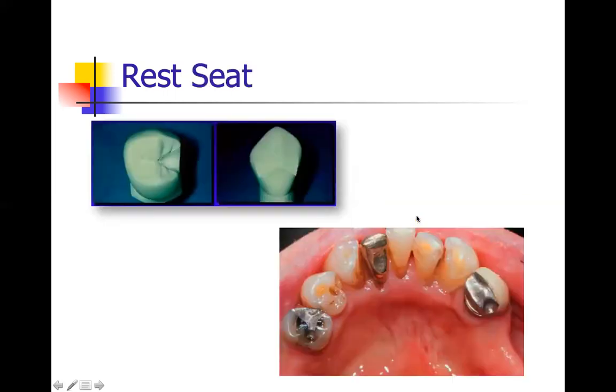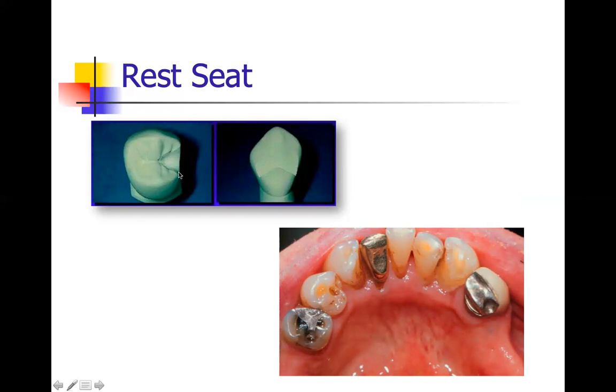Now, the rest should always be located on a properly prepared tooth surface. The prepared surface on an abutment tooth to receive the rest is called the rest seat. This is a rest seat.